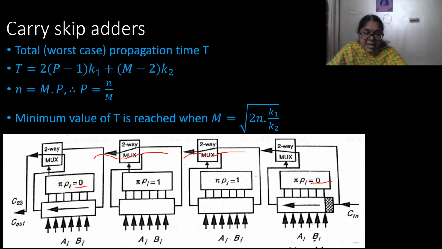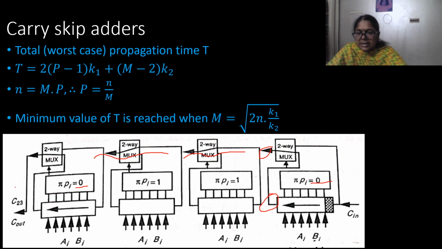But for the first block, because the block propagation signal is equal to 0, it means the carry generated by this stage will have to wait for the carry to actually be generated by the adder cells, and that carry is going to be taken as the Cout of that particular block.